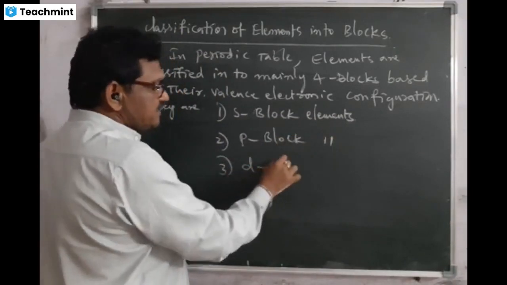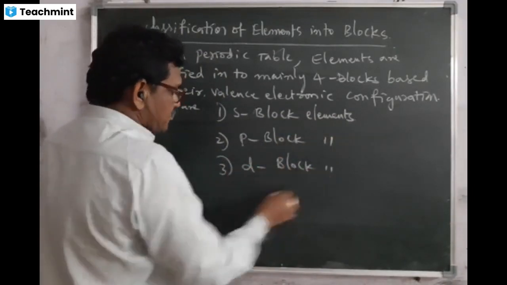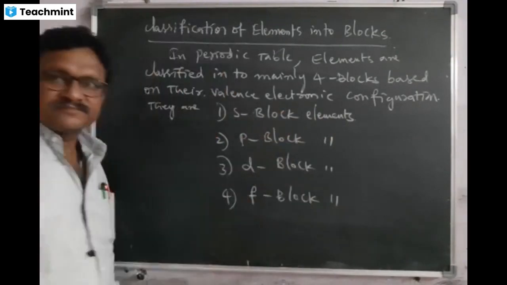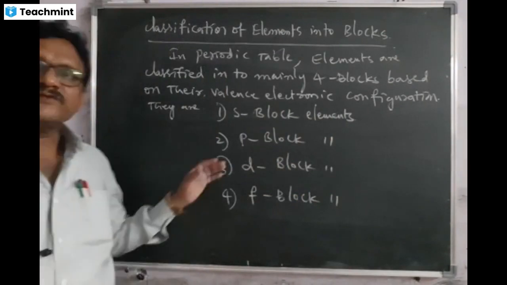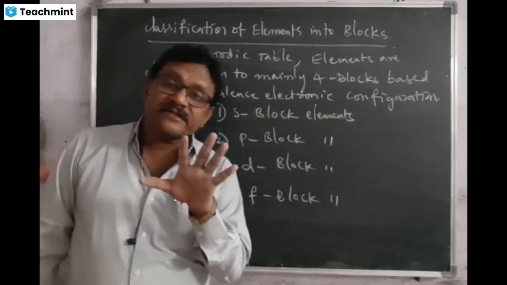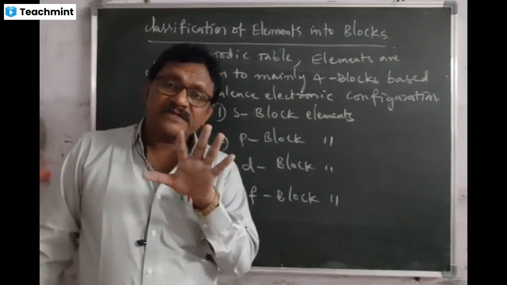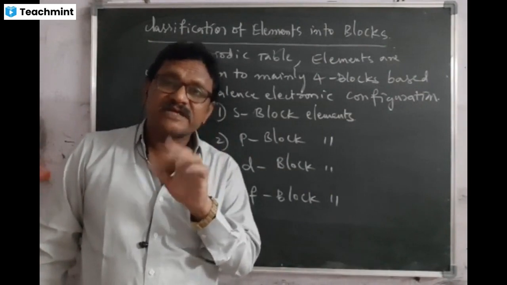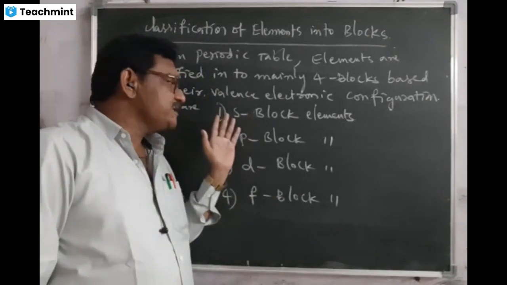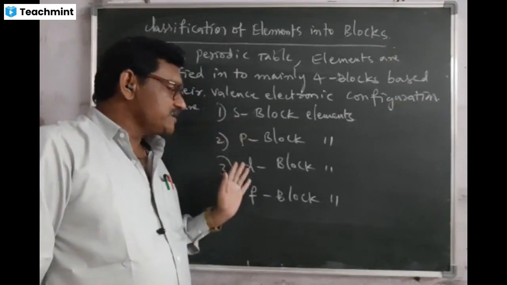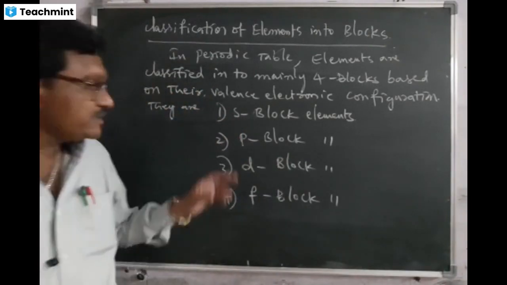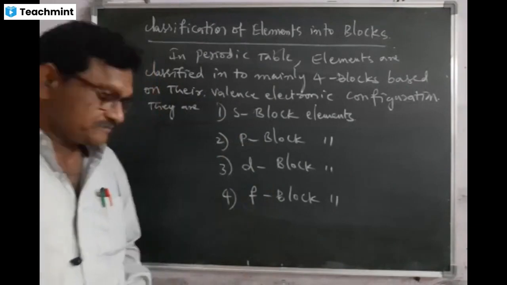Number three, D block elements. Number four, F block elements. Write down. We will study them one by one. The long form of the periodic table has four blocks: S block, P block, D block, F block. Come on, write down.